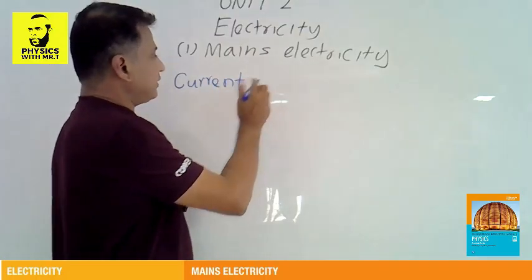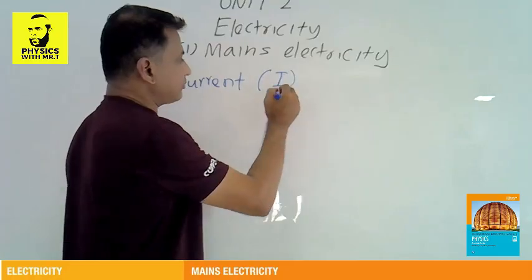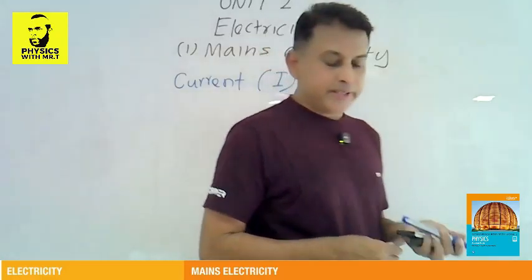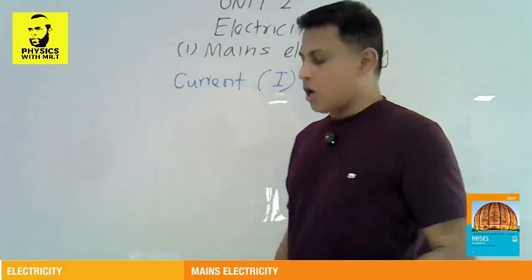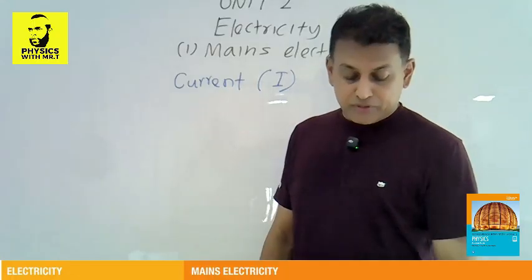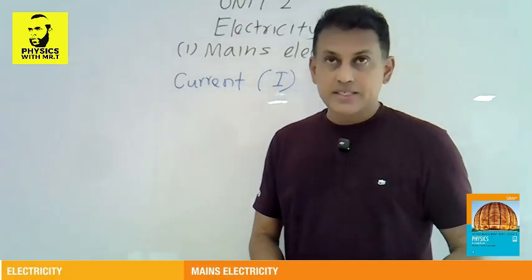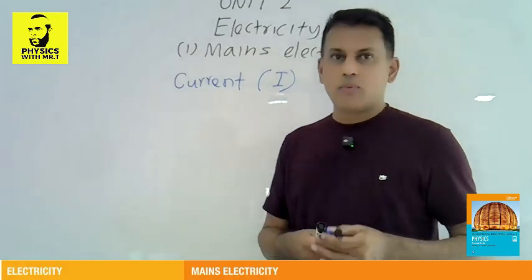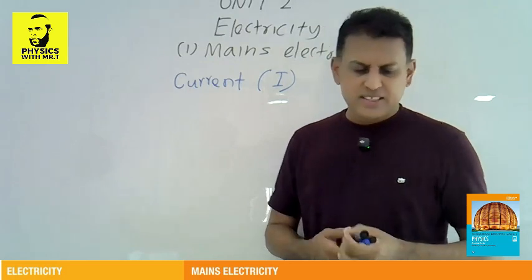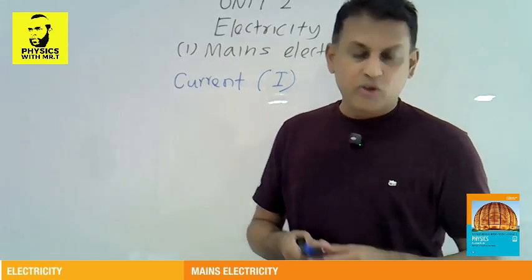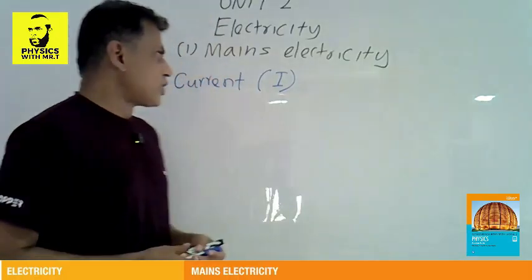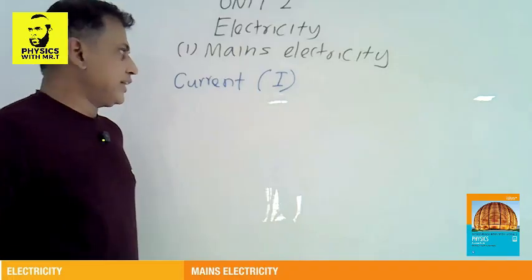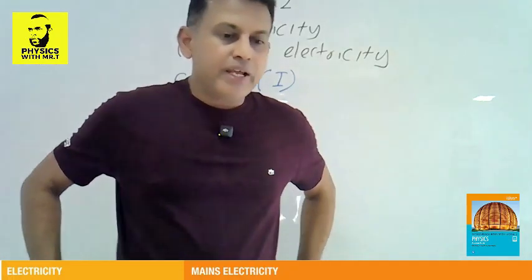This current is abbreviated by capital I. You might wonder why not C. It's I because it originated from French, a word they used to explain the intensity of the current, pronounced something like intensité de courant. I'm not sure about the pronunciation, but the intensity of the current is given for this word, right?